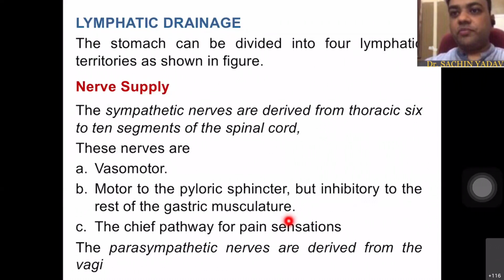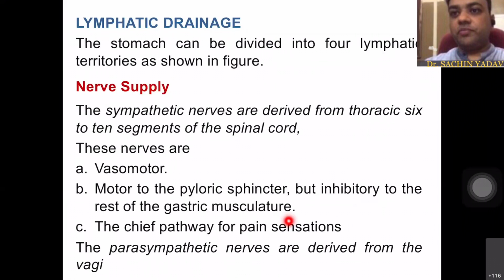If the sphincter is open or relaxed, then the food can pass through the GI system. So the parasympathetic, or the vagal or sacral nerve, increases the peristaltic movement so that food can churn and pass forward, and they inhibit the sphincter. But the sympathetic causes retention.